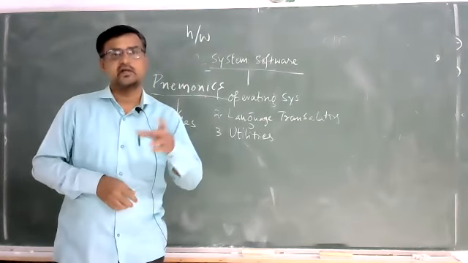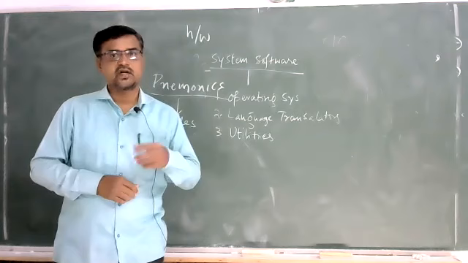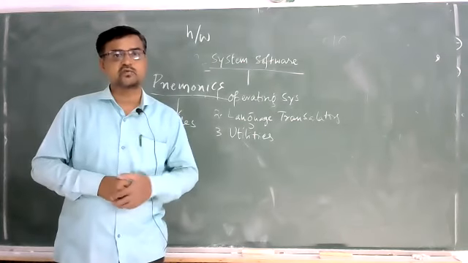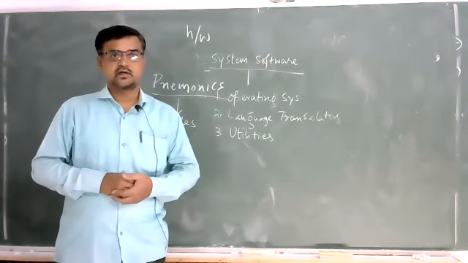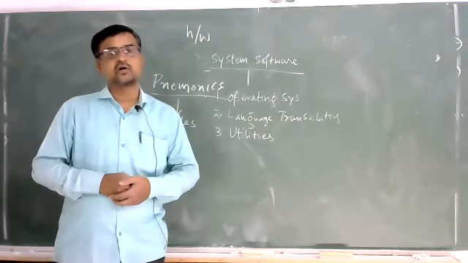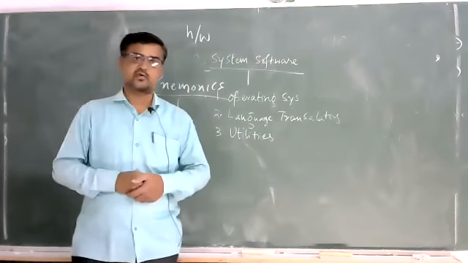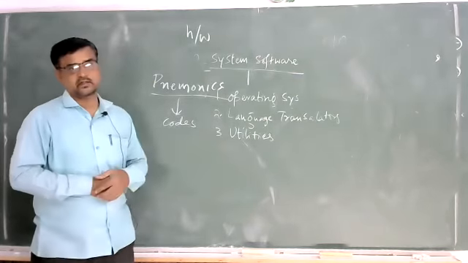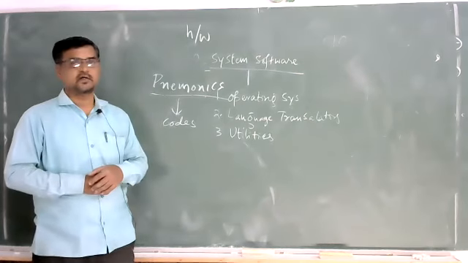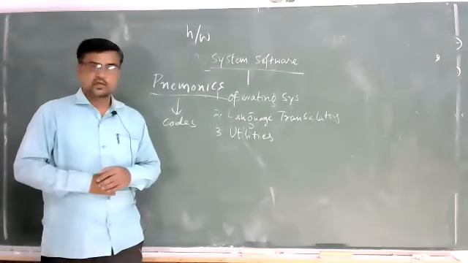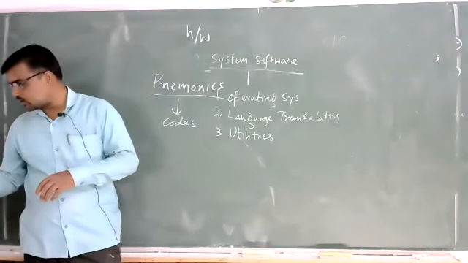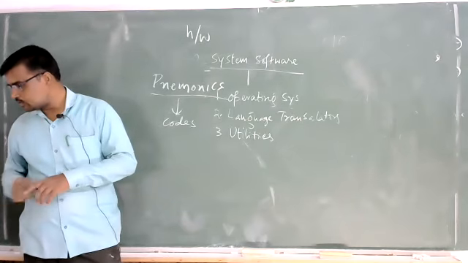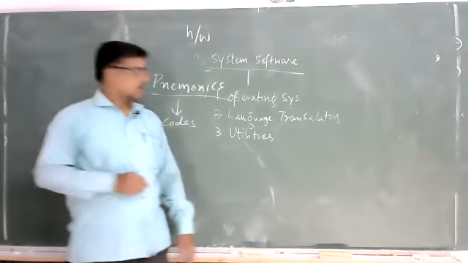All those are utilities. You want to set the timings, the dates, regional settings, right? Those setting softwares are nothing but utilities. They are used again by the user. So this is about system software.